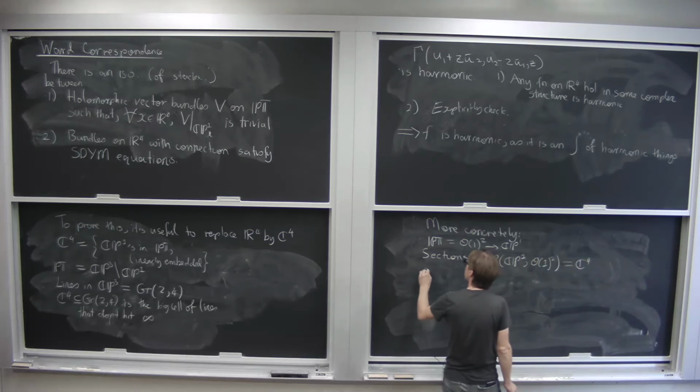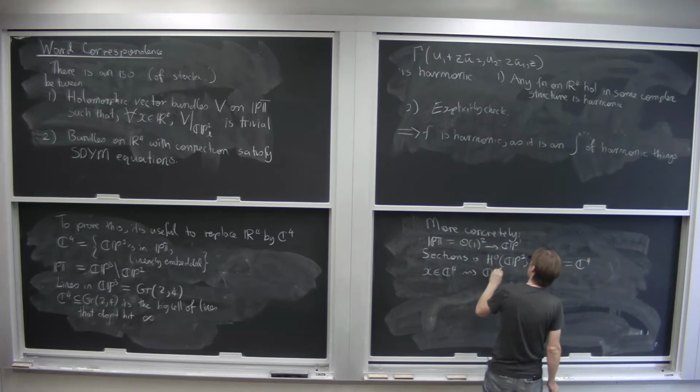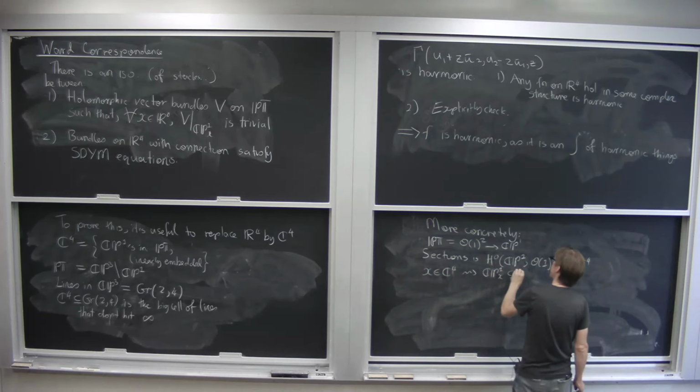Okay. So if I take a point x in C4, we get a CP1, call it CP1_x, inside of twistor space.